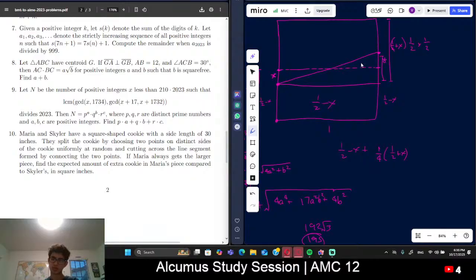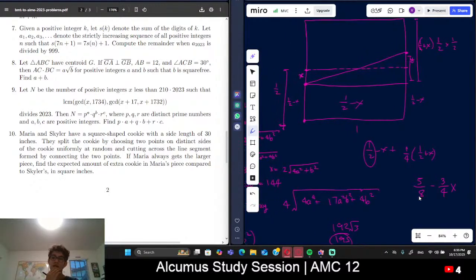And what is this? Well, this is going to be 1/2 plus 1/8. That is 5/8 minus x plus 1/4 x. So it's going to be minus 3/4 x. Yeah. And so, the minus actually seems wrong now.